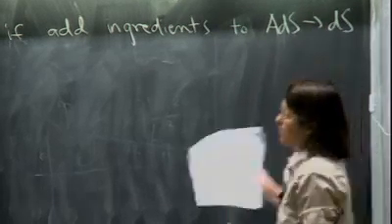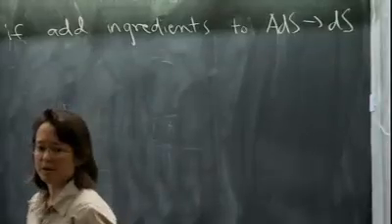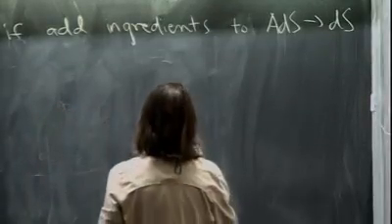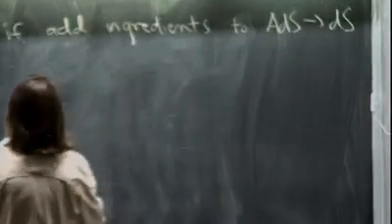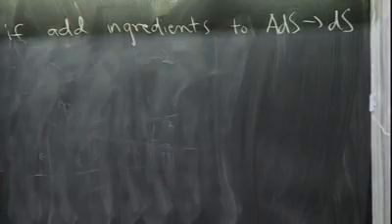What happens to all these elements of the ADS CFT duality? Okay, so first, let me actually label these things. I'll just call this 1 and this 2 and this 3.